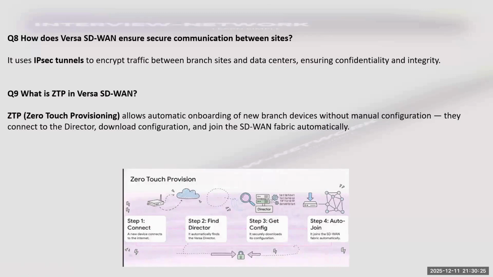As you can see from this diagram, step one, a new device connects to the internet, and then it goes to find the director. The director will automatically find the device, and it will try to authenticate it. Once it gets the authentication, it will download the configuration, and then it will join your Versa network.